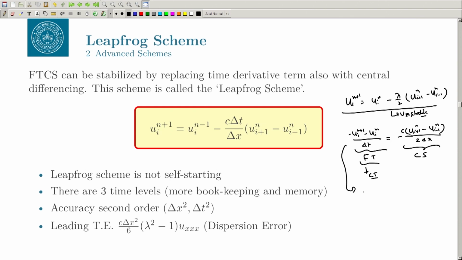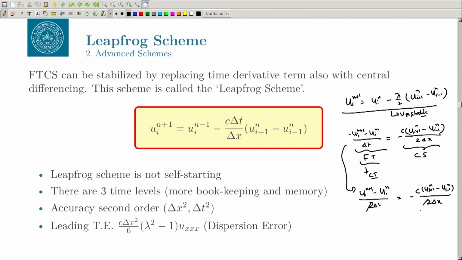So, then this will become (u_i^(n+1) minus u_i^(n-1)) by 2 delta t. We are using central differencing in the time also, is equal to minus c times (u_(i+1)^n minus u_(i-1)^n) by 2 delta x, right.